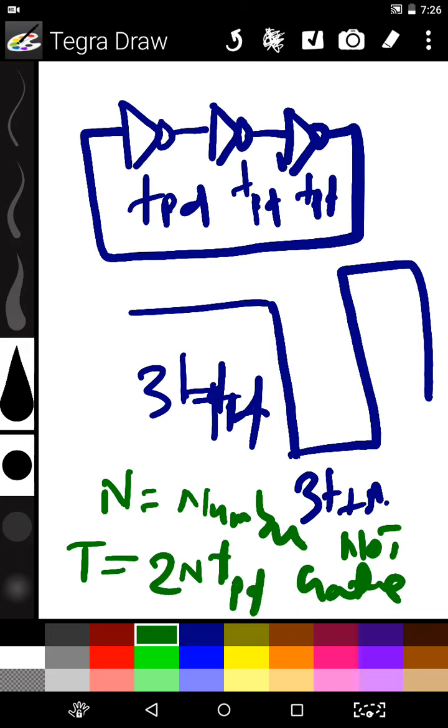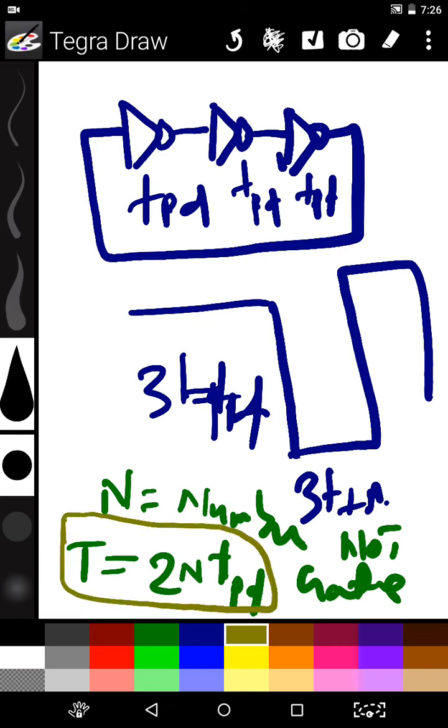TPD is the propagation delay of the individual NOT gate. This is the square wave generated by using an odd number of NOT gates to form the astable multivibrator.